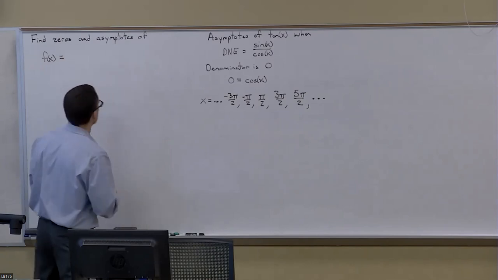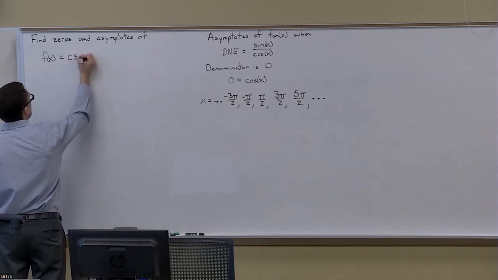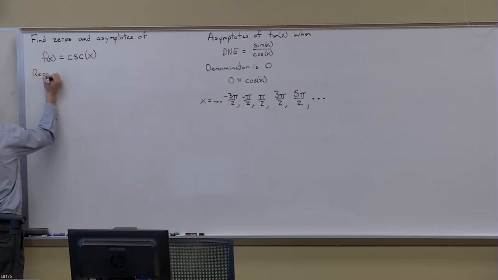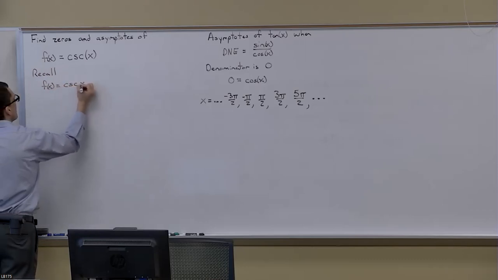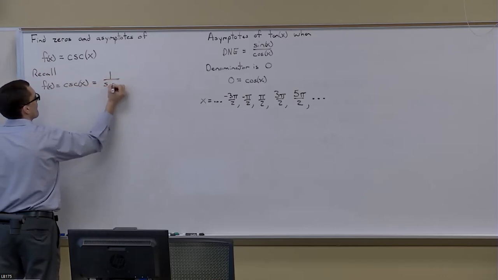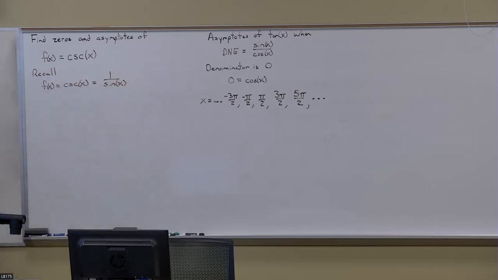If I said find the zeros and asymptotes of cosecant of x, cosecant is 1 over sine.